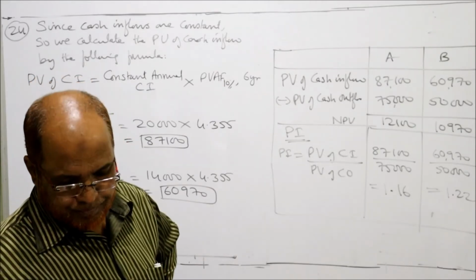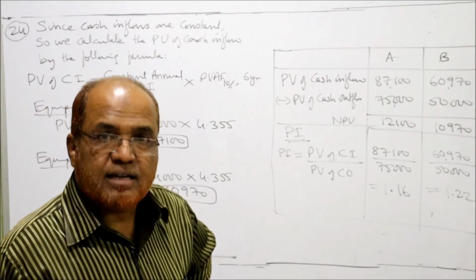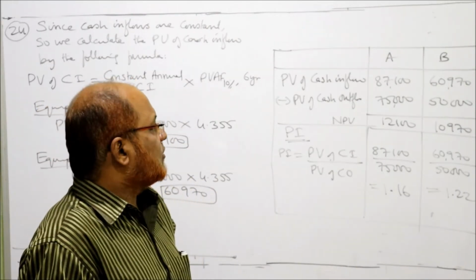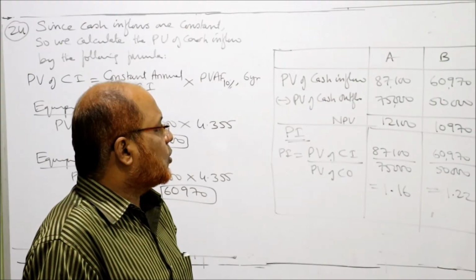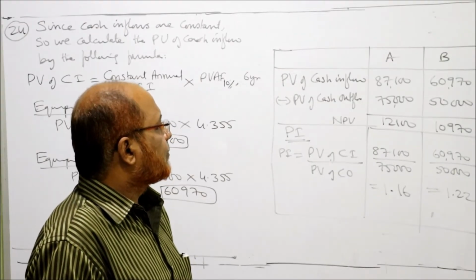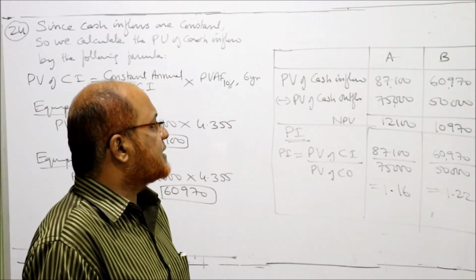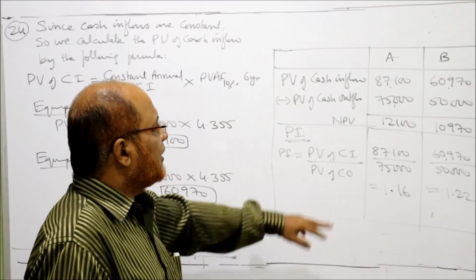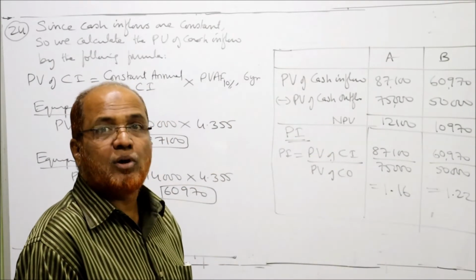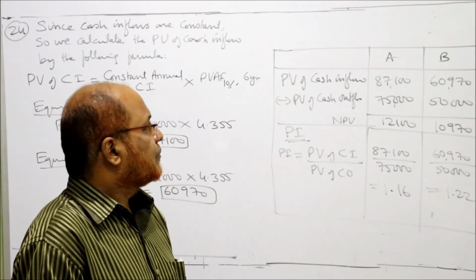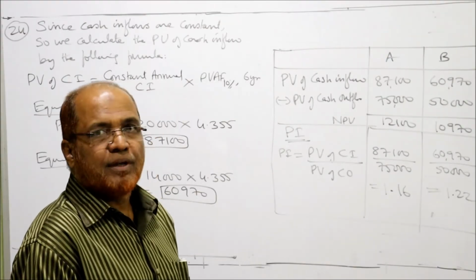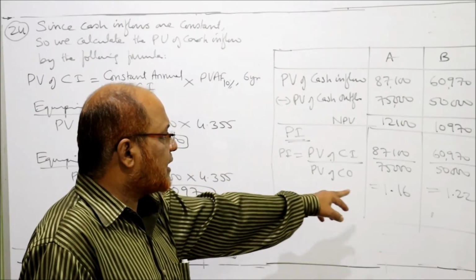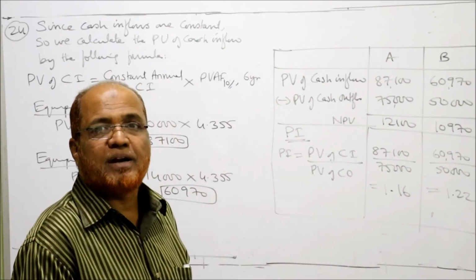Now we have to give the suggestion. It is asking you which equipment should be accepted and why. So we suggest equipment A on the basis of NPV. On the basis of NPV, equipment A is better because it is having more NPV. Whereas according to PI criteria, project B is better.